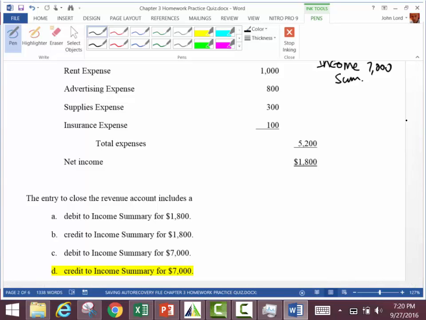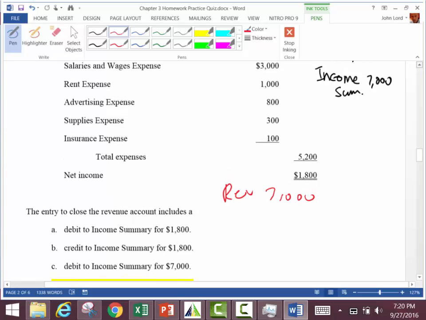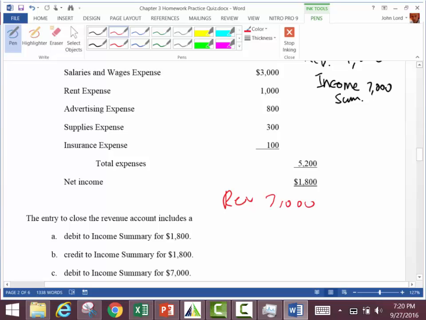Now, I'm going to go ahead and do the entire closing entry here, which is going to be to do what? Debit revenue for how much? 7,000. Good. And then I have these expenses up here, don't I? So I start looking at those expenses. I've got salaries and wages. Is that where it starts?